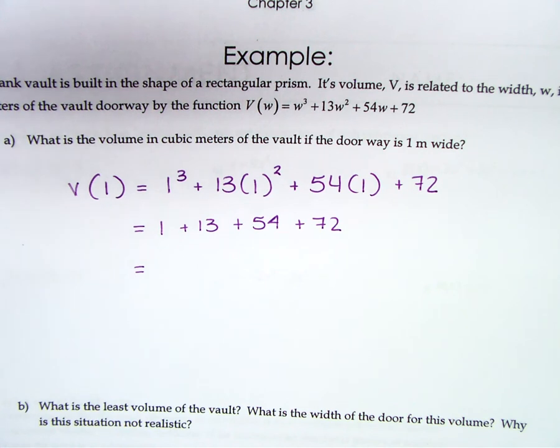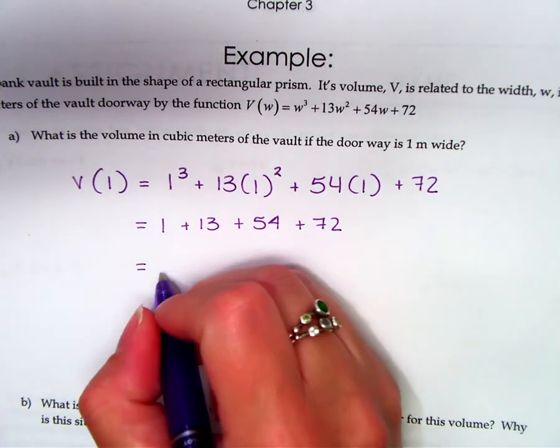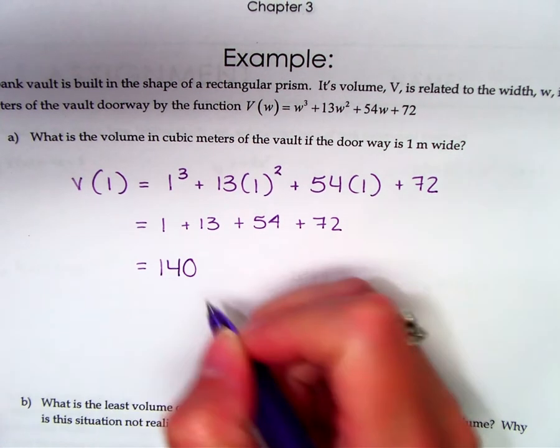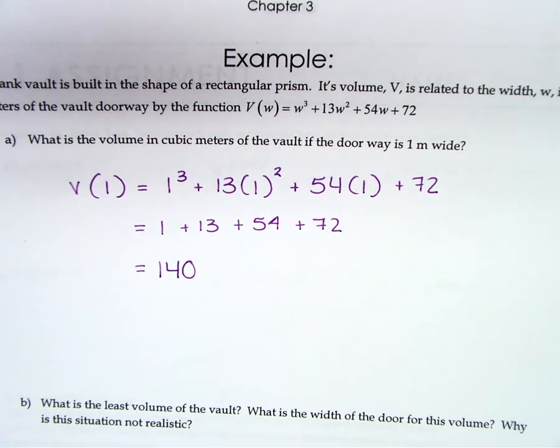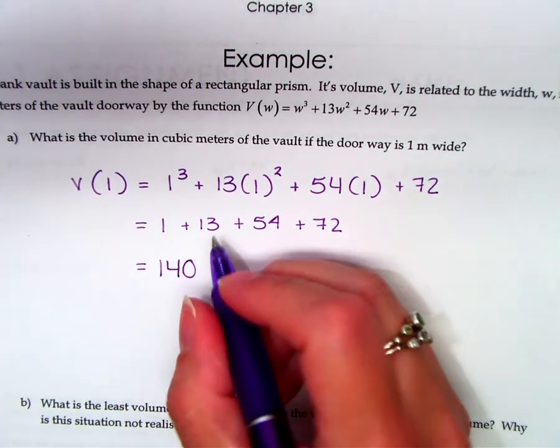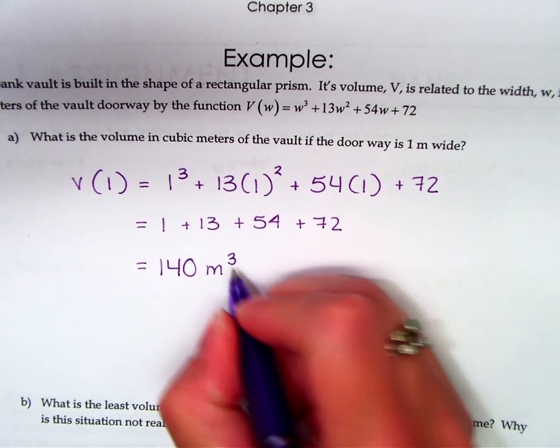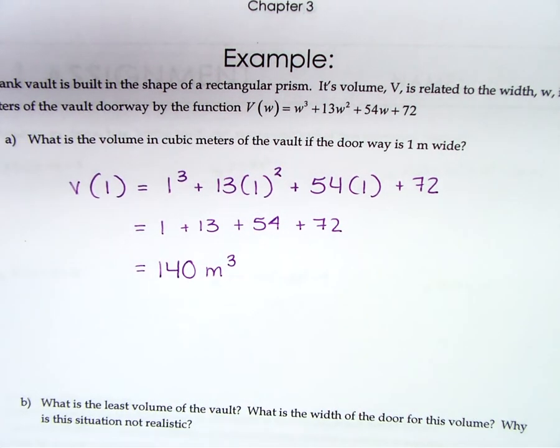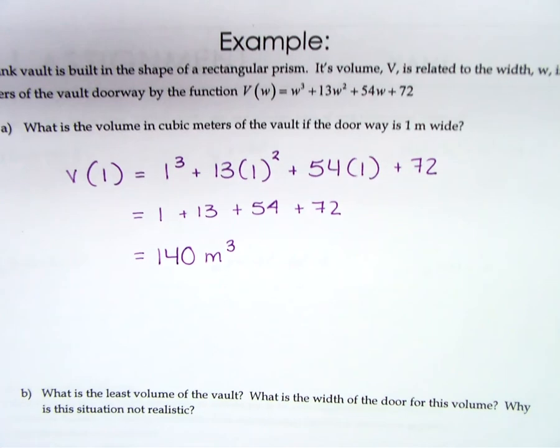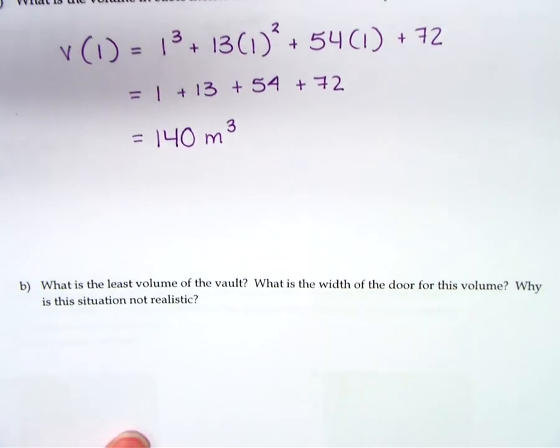I heard a 38. 54 is 126. So plus 13 is 139 plus 1 is 140. Is that right? 140? And it is volume, so what is my unit, meters squared? How about cubed? Because we have 3 dimensions, right? Is it because I made you use your brain?